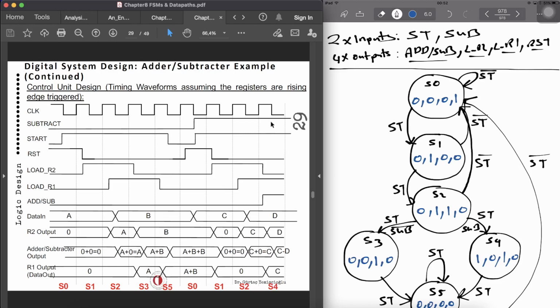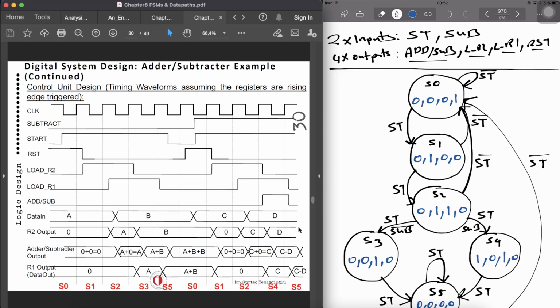And then as we are doing the subtract operation, it's going to perform C minus D and store it in R1. So we have got C minus D, and it will be stored in R1, which is state 5. So this is how we can go through step by step with the timing waveform to demonstrate the state diagram and show the operation of the digital system.